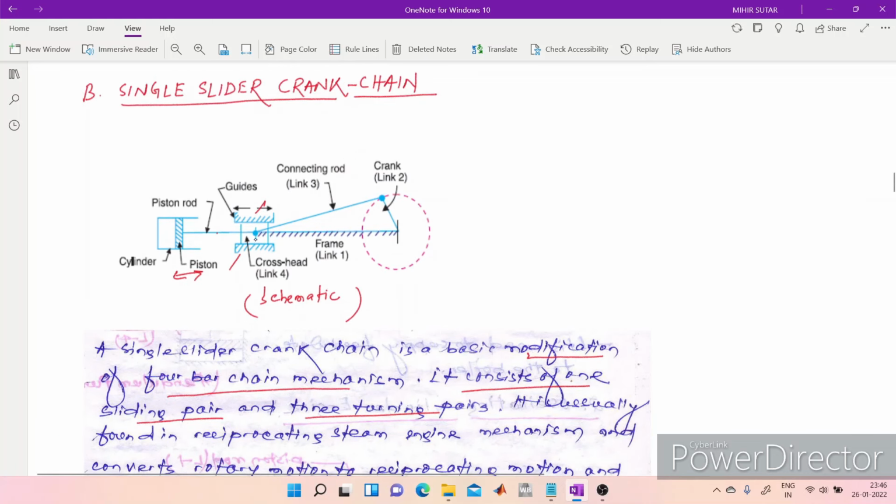The crosshead, that is link 4, and link 1, which is the fixed one, are regarded as a sliding pair, and the other links are regarded as turning pairs. So one sliding pair here, and 3 turning pairs.